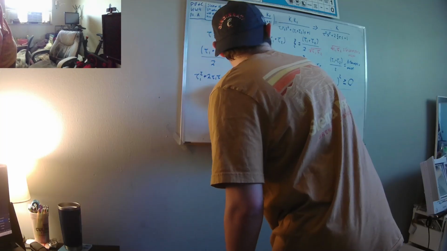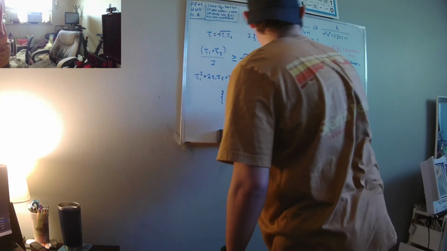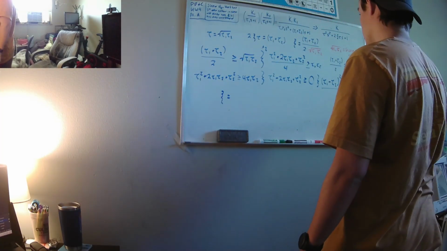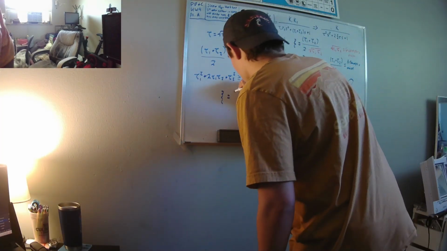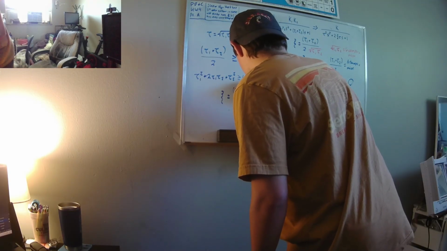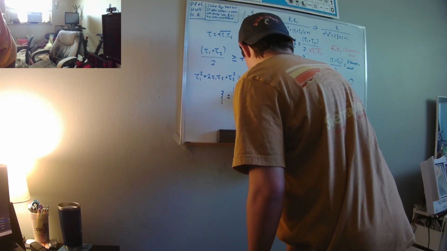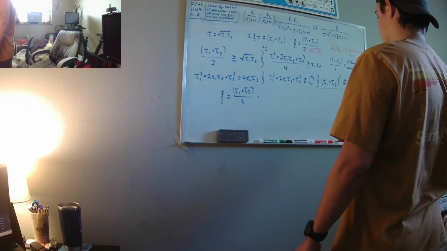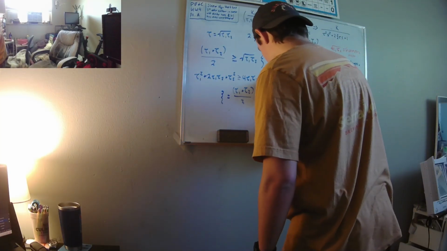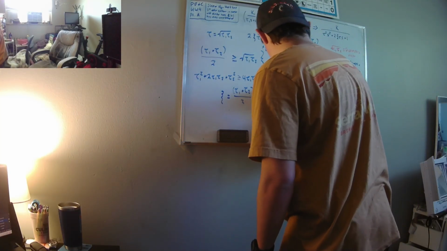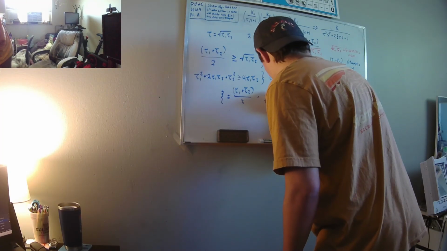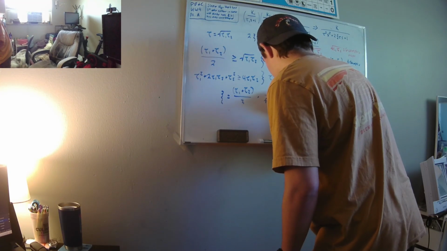Meaning that our zeta, since our zeta equals our (tau 1 plus tau 2) over 2 times 1 over the square root of tau 1 tau 2.